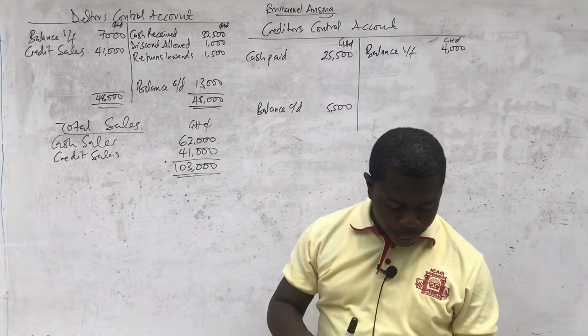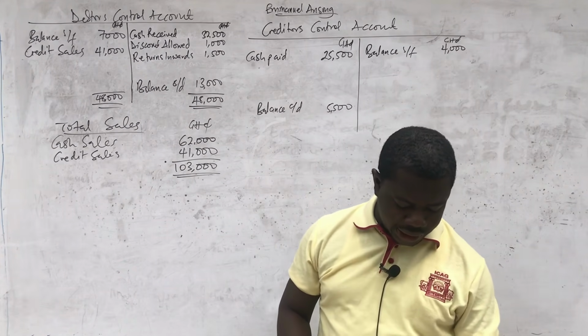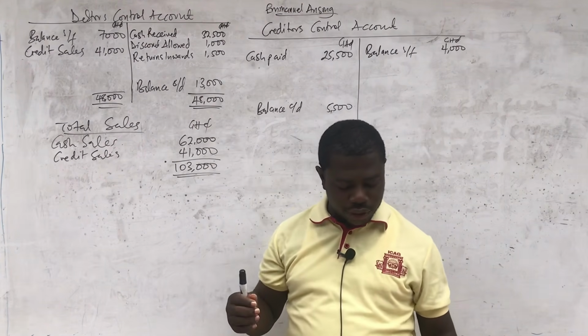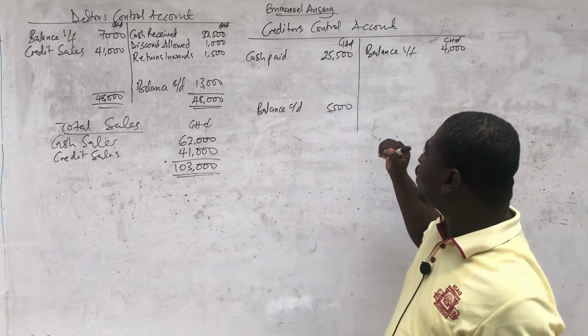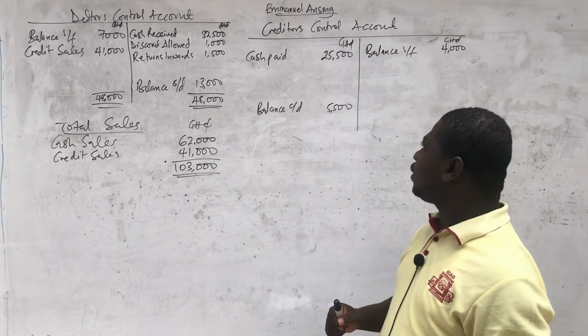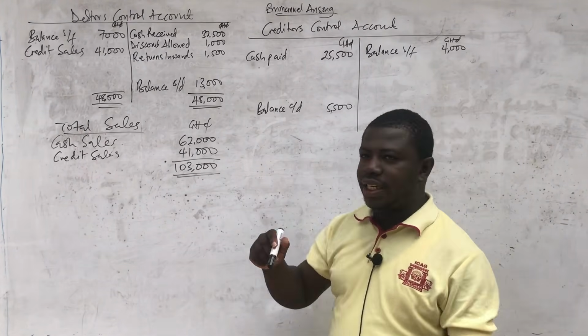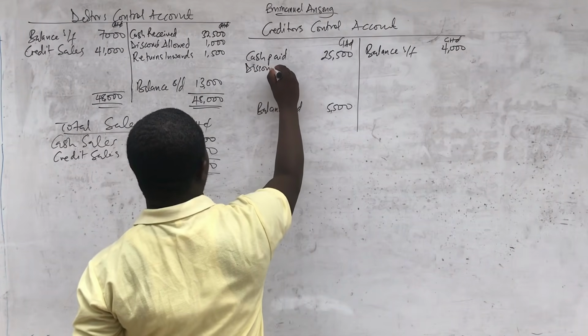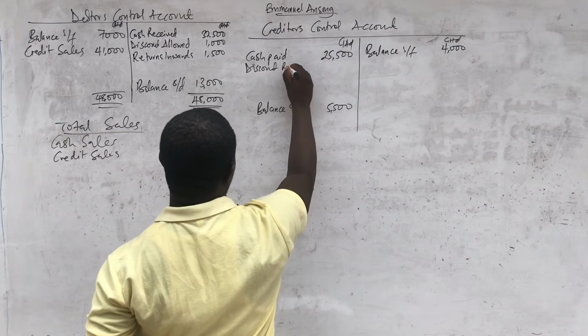Then we will look at the discount allowed and discount received. Discount allowed relates to the debtors control account, and therefore the discount received of 800 will relate to the creditors control account. And we all know that in the creditors control account, discount received is on the debit side because it's credited in the discount received account.